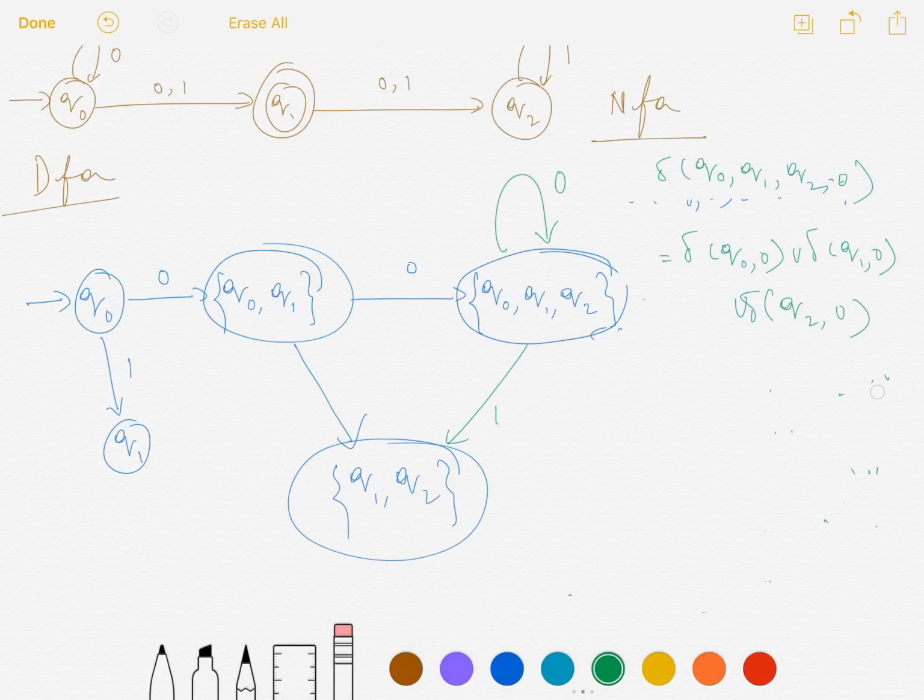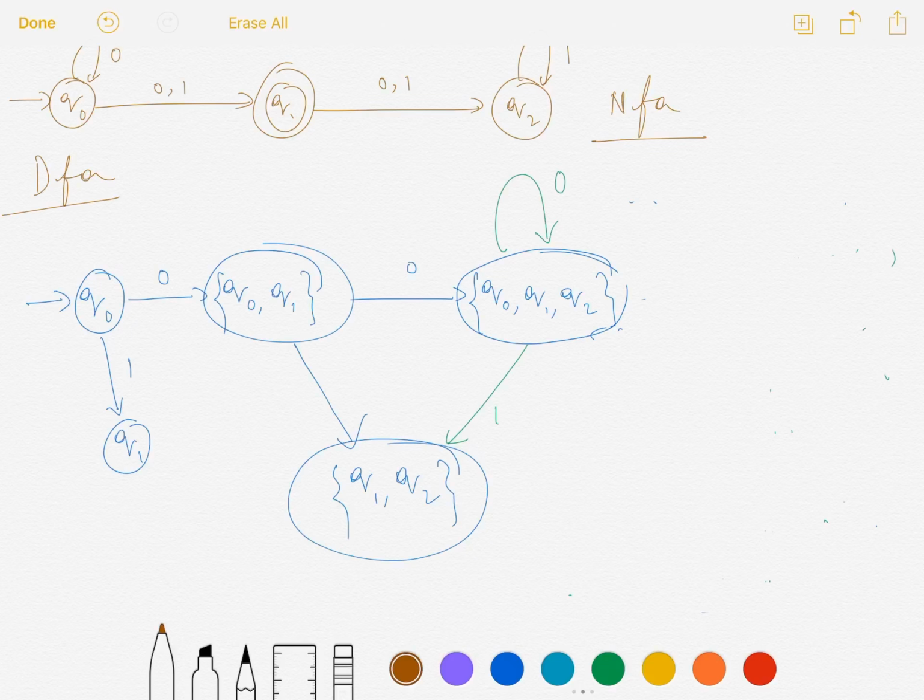Now, what are the other states left? One is Q0 Q1 Q2, another is Q1 Q2, and Q1. Let us check only Q1 Q2 and Q1.